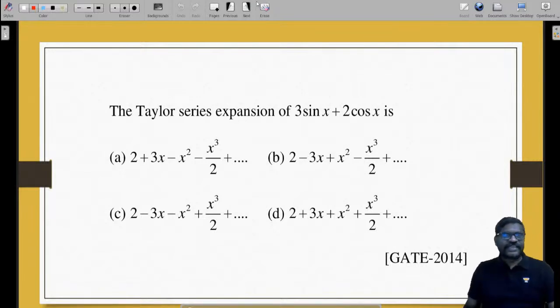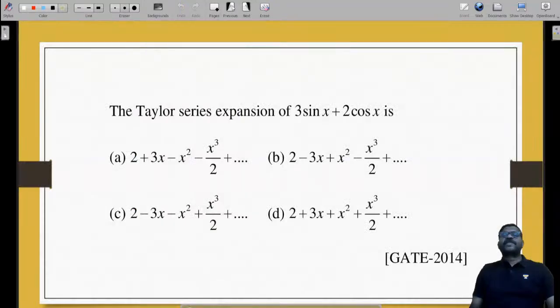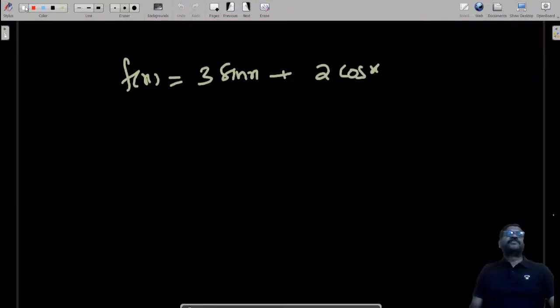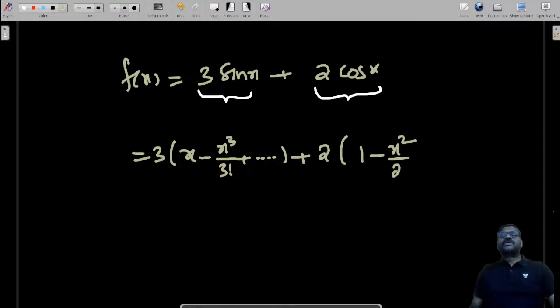Next problem. The Taylor series expansion of 3 sin x plus 2 cos x is, that is 3 times of x minus x cube by 3 factorial plus and so on, plus 2 times of 1 minus x square by 2 factorial plus x power 4 by 4 factorial and so on.